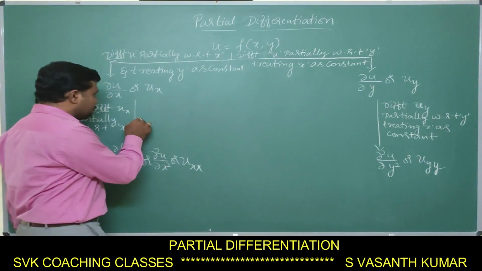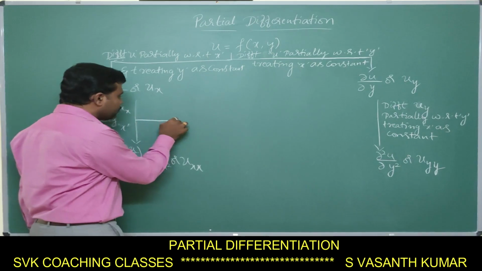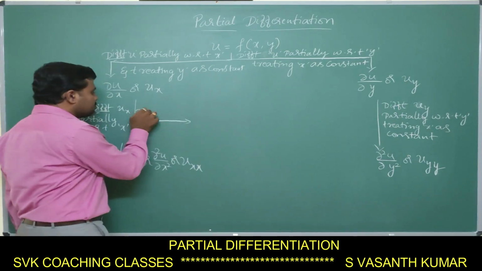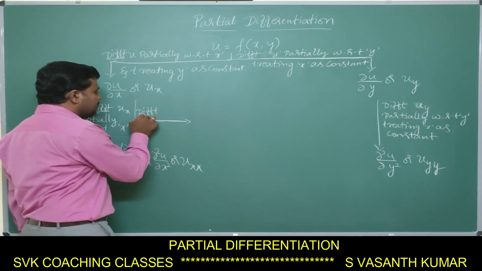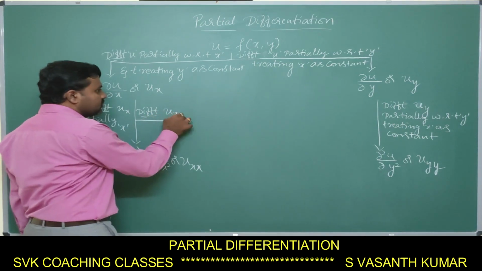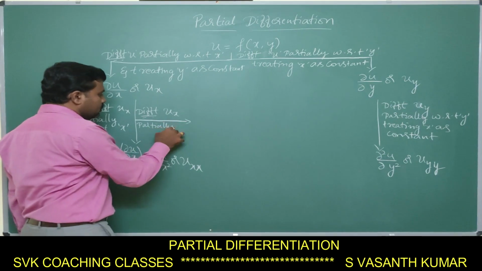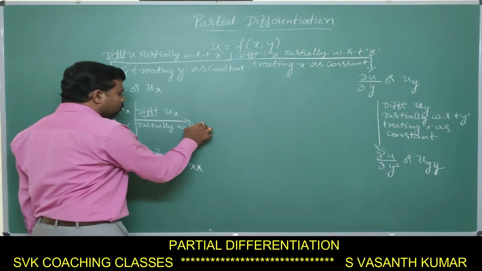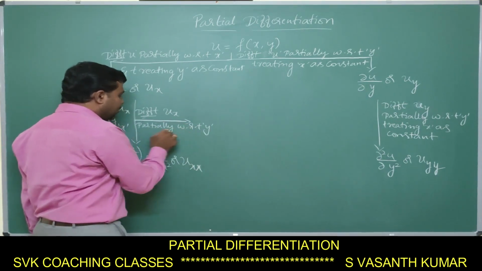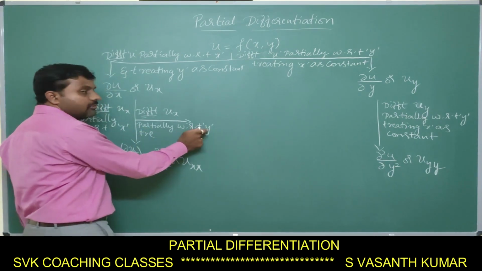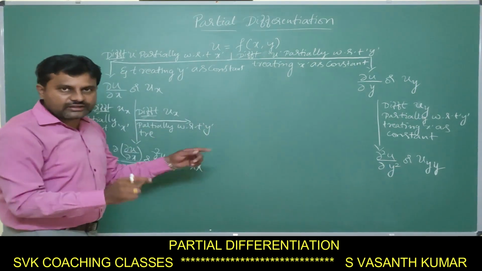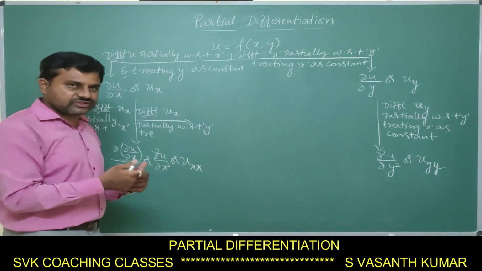So now if you differentiate ux partially with respect to y, treating x as constant, as I am differentiating with respect to y, the remaining variable is x, right?